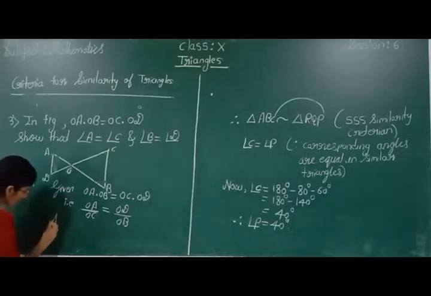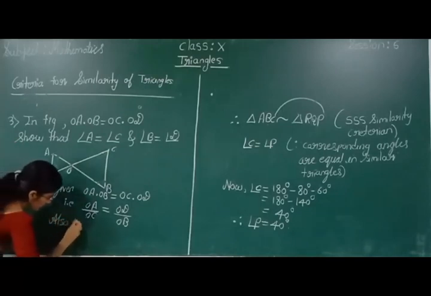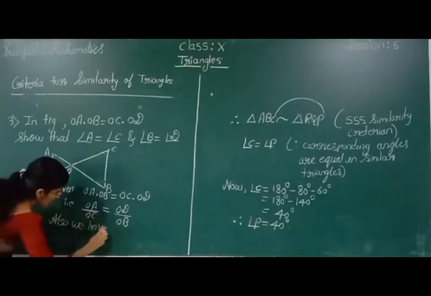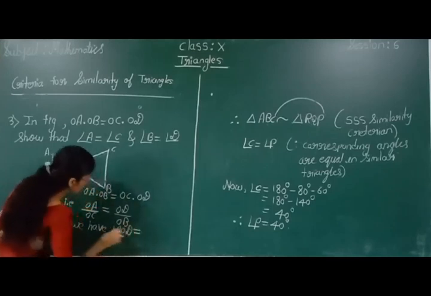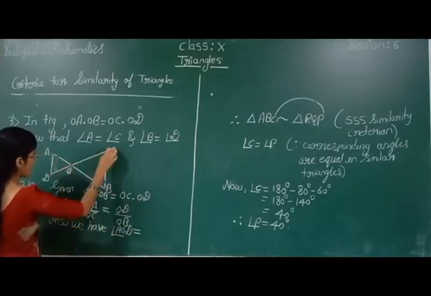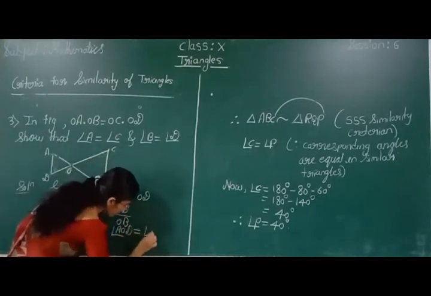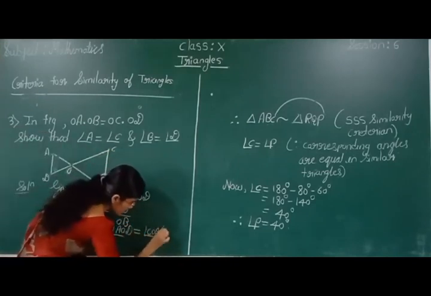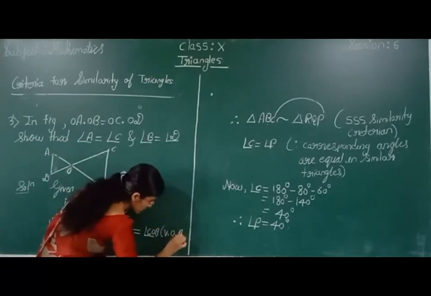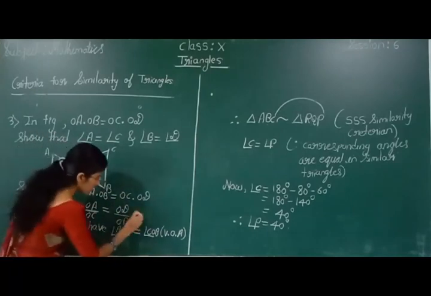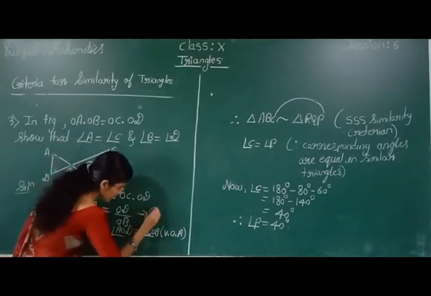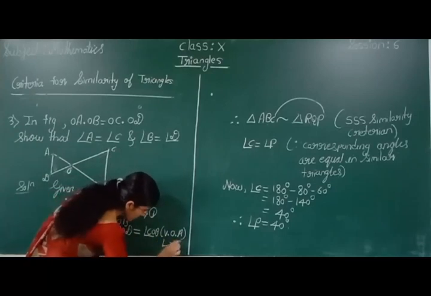Also we have angle AOD is equal to angle COB. We know that vertically opposite angles are equal. Yes or no? Call this as equation number 1 and this as equation number 2.